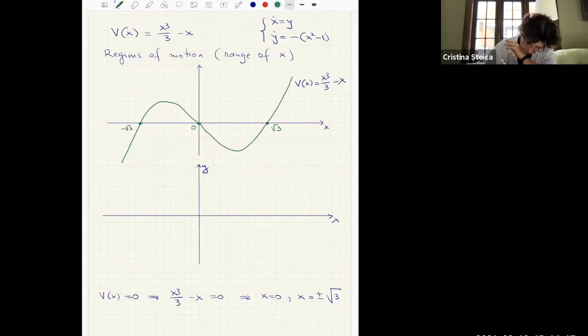And now the equilibria for these systems. So in general, if we're doing x dot is y, y dot is minus f of x, this is y is 0 and f of x is 0. But what is f of x? f of x is the derivative of v.